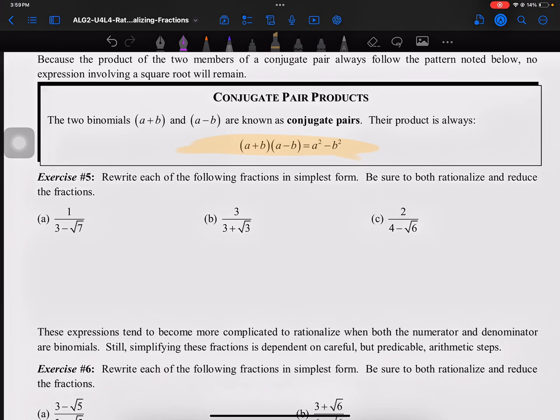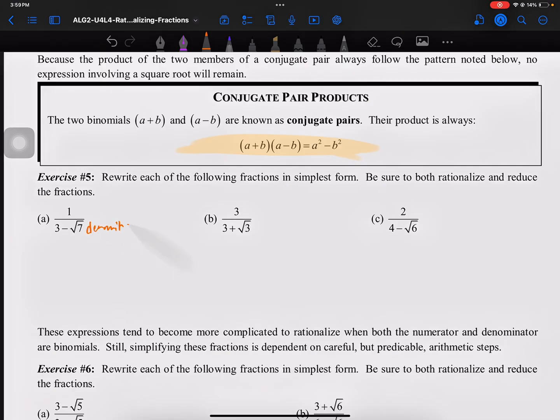So now our goal for question 5 is to rewrite in simplest form with a rational denominator, as a reduced fraction. First, we need to identify the denominator and its conjugate. This is the denominator.